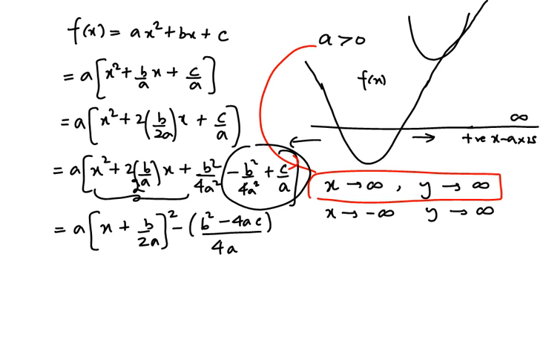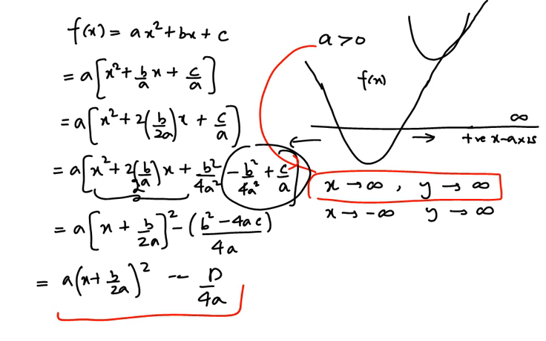So this is minus d by 4a, where d is the discriminant. So I have expressed the quadratic polynomial in perfect square form. We call this perfect square form because we formed a perfect square here. Now from this perfect square we can answer this question.